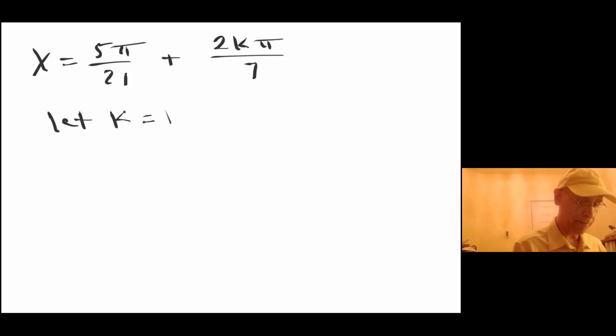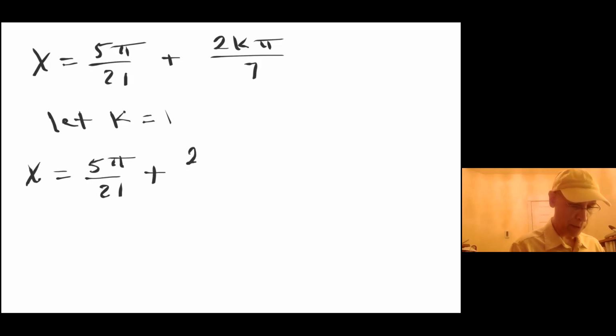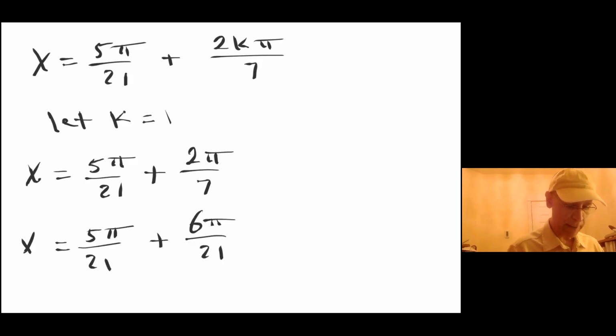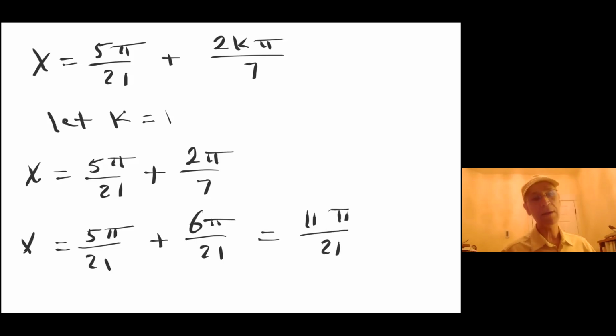So I'm going to have x equals 5 pi over 21 plus 2 pi over 7, which is the same as 5 pi over 21 plus 6 pi over 21, and that equals 11 pi over 21.